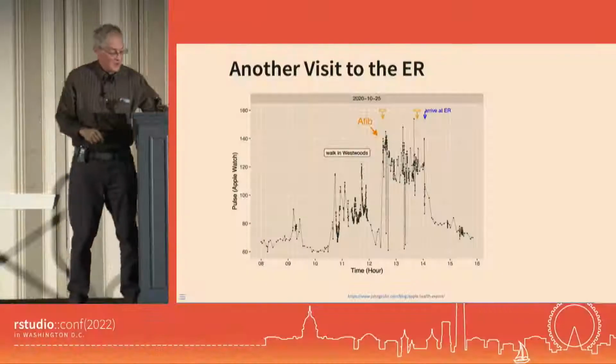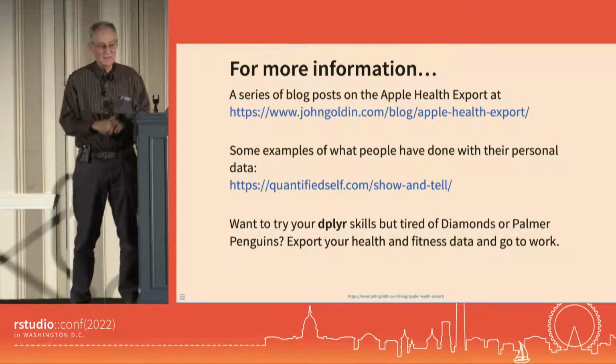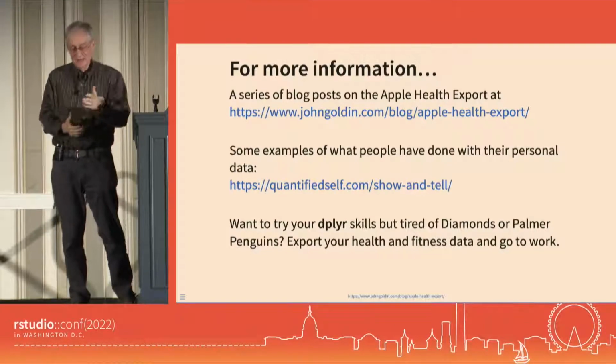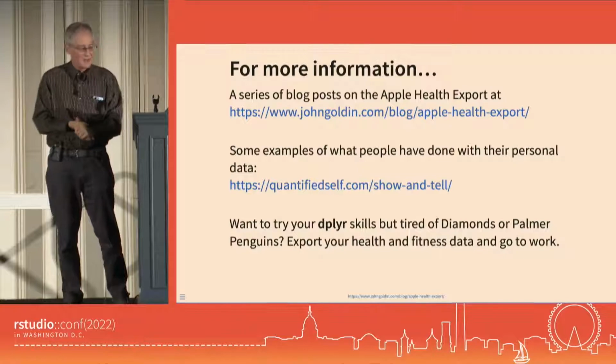If you have just looked at Palmer penguins one too many times and you want to try something else with dplyr, you may have hundreds of thousands, millions of rows of data that you may find more interesting than Palmer penguins. So I've done a series of blog posts about this. If you have more interest in figuring out how to do this, there's a lot more information there. And there's also a URL with an example of some other things that people have done with their data.